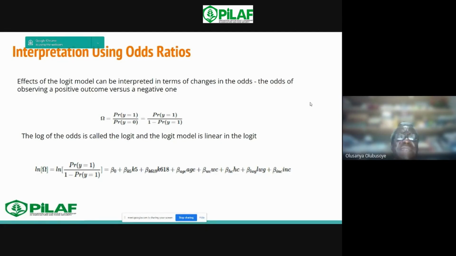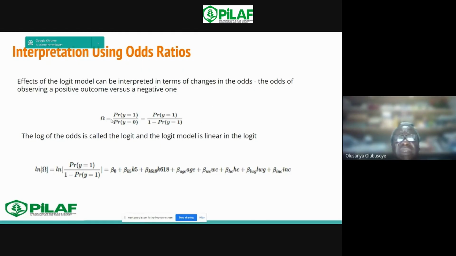So the odds of observing a positive outcome, when we talk about odds, then we are looking at the likelihood of observing a positive outcome against that of a negative one.